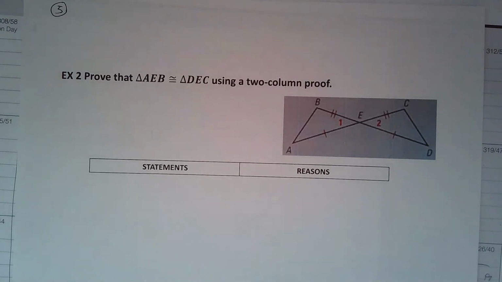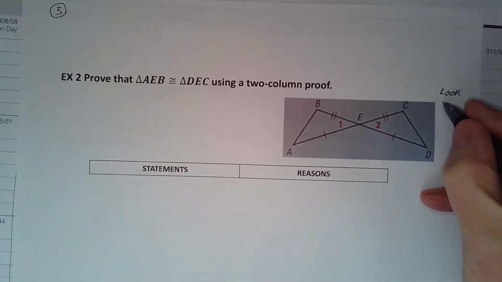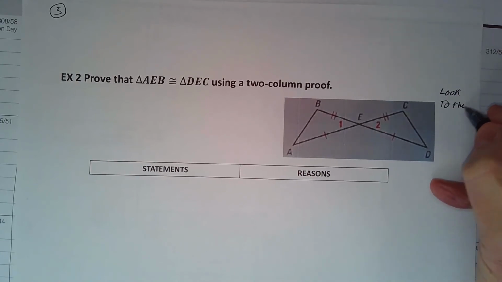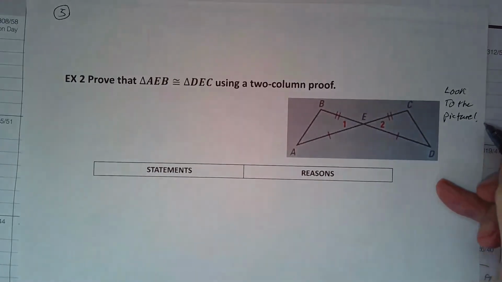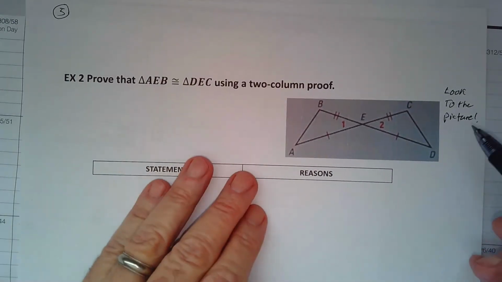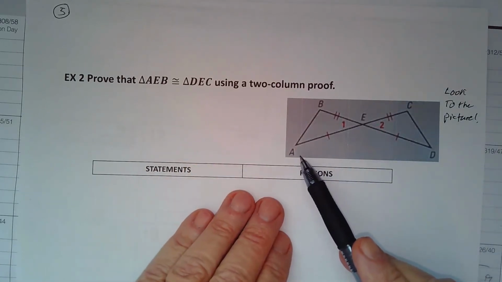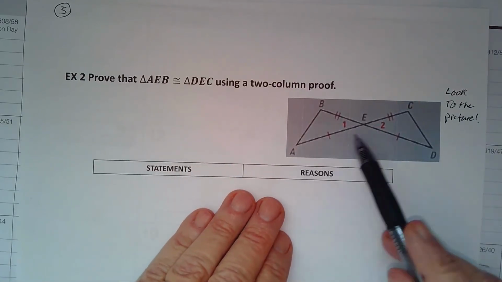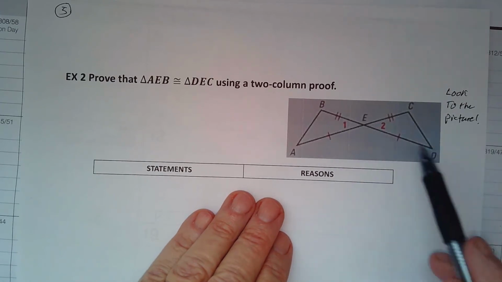So look to the picture. What does it show? Well, I think this is AE. AE is congruent to DE.